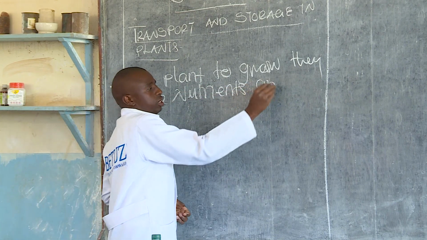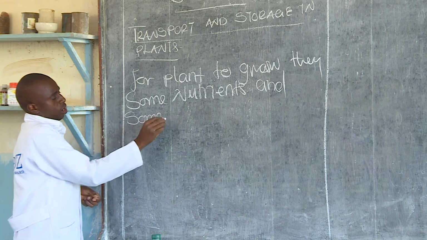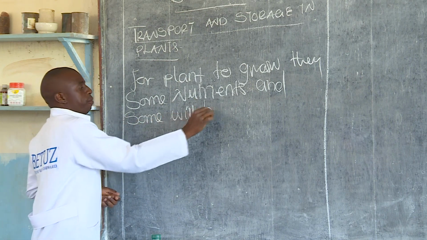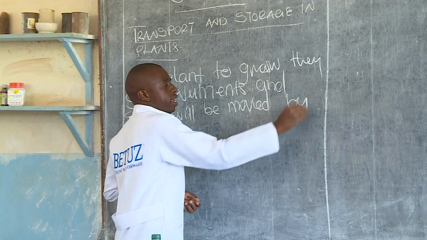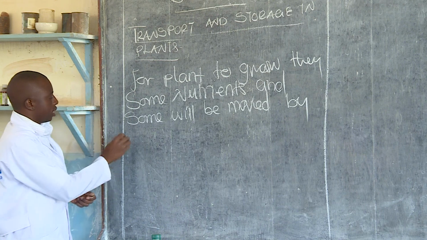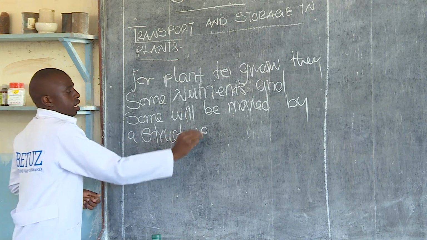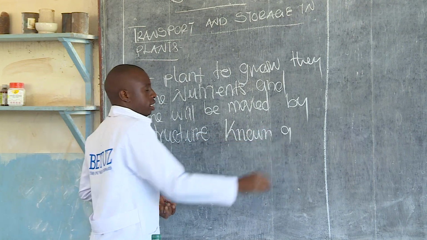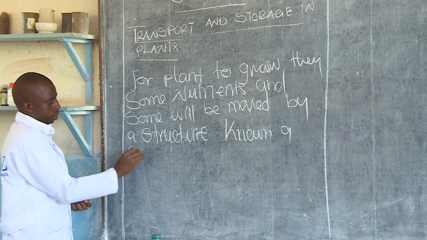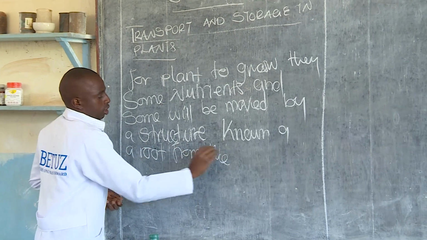And some of these nutrients will be moved by a structure known as a root from the soil.